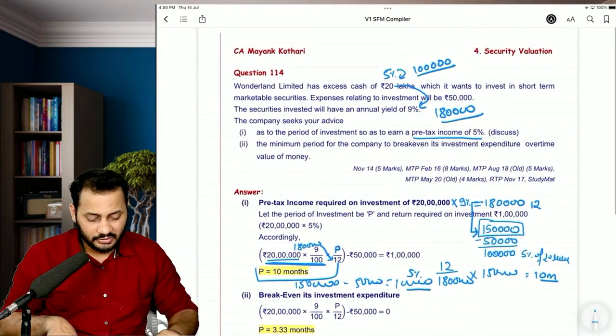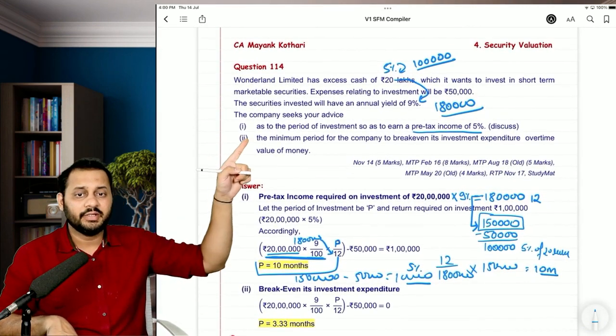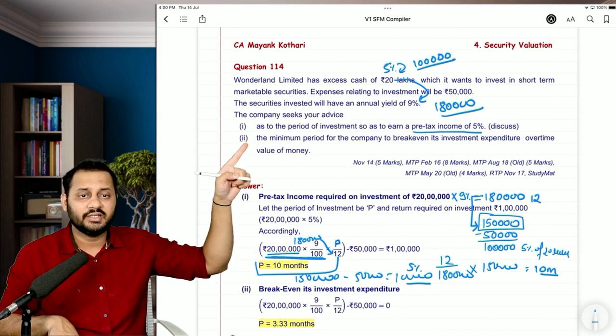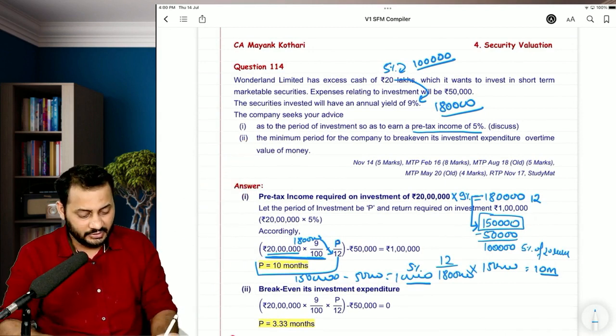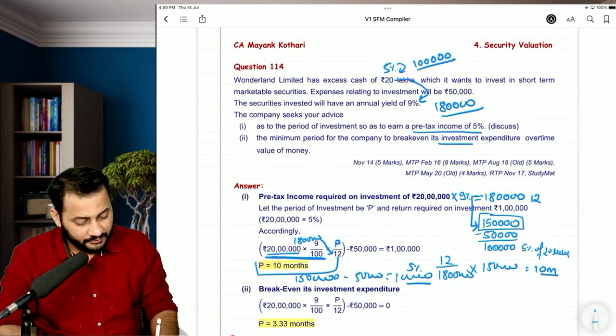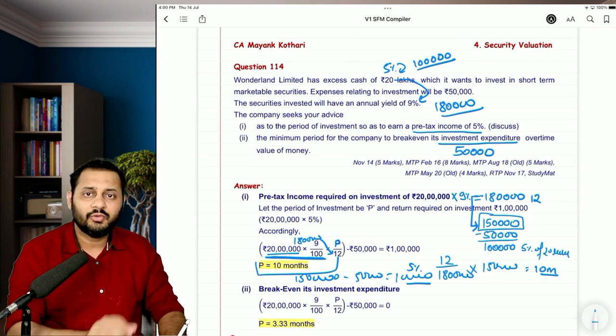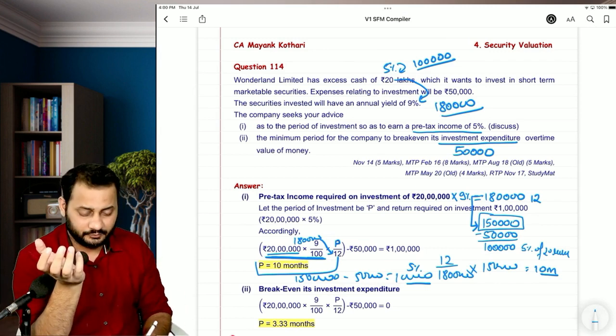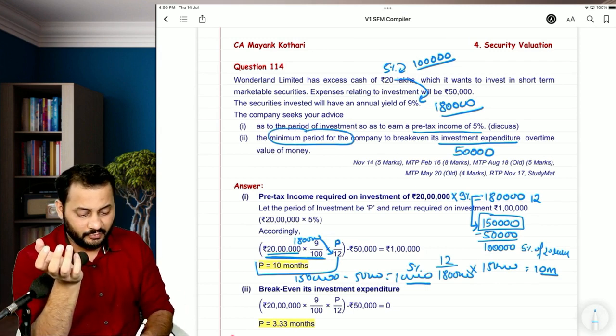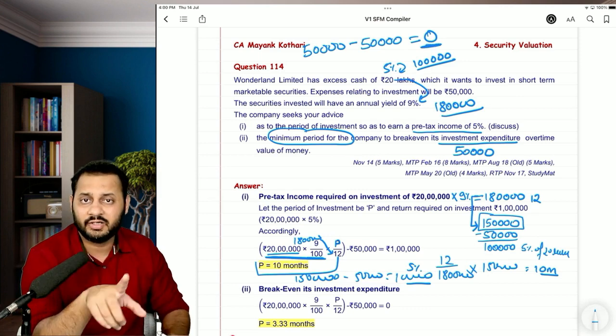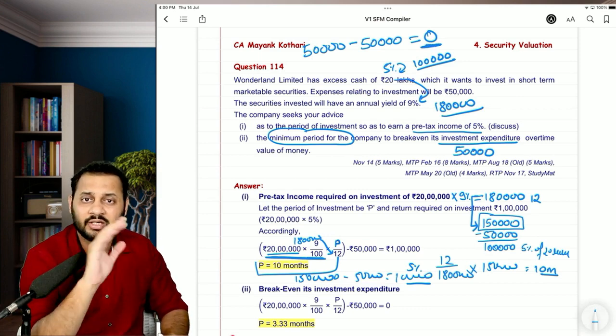That's the simple question. The minimum period for the company to break even its investment expenditure over time value of money. See, investment expenditure is 50,000. So you'll have to calculate the time where you will be earning 50,000 from your investment. You will be deducting 50,000 expenses, and this will be called the break even time, where your profit and losses will be nothing.